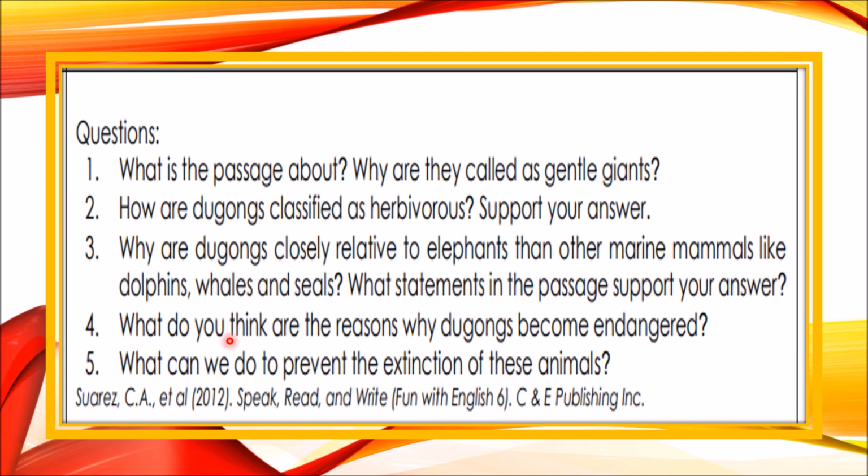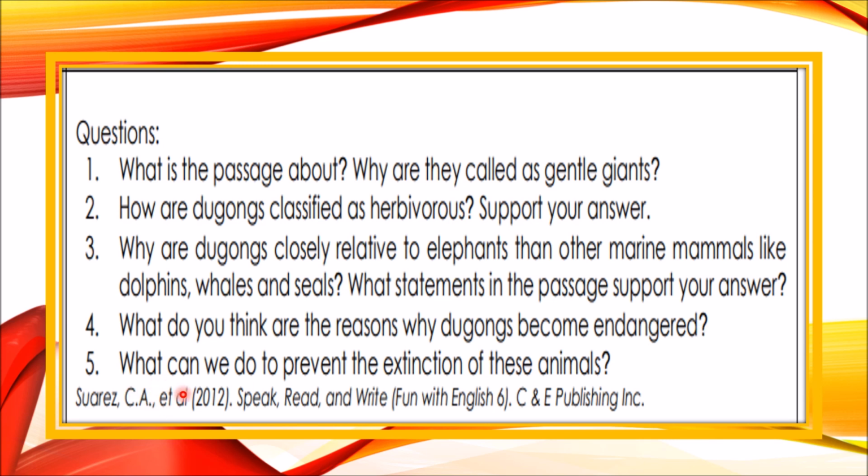So what do you think are the reasons why dugongs become endangered? Around India, Africa, and other tropical islands in the Indian Ocean, they are now endangered due to degradation or loss of habitat, the sea grass.